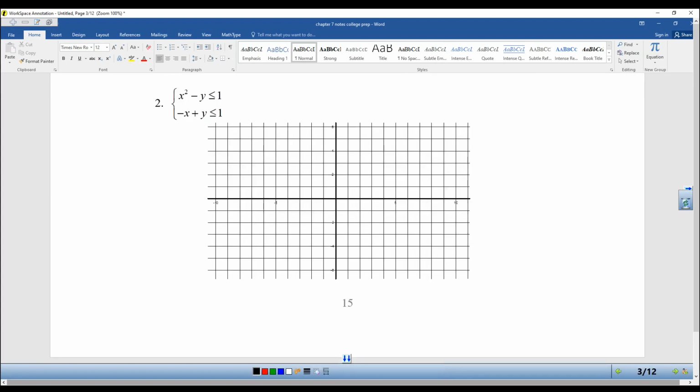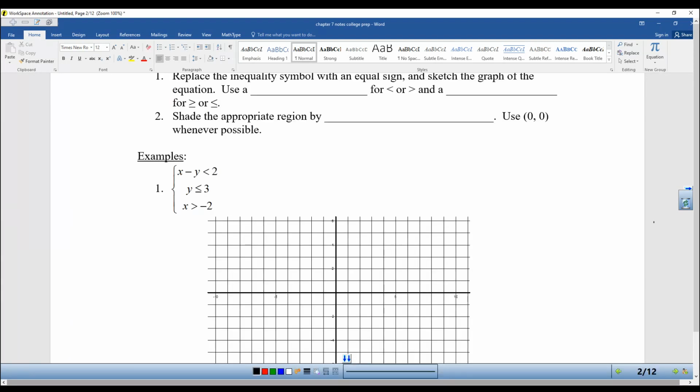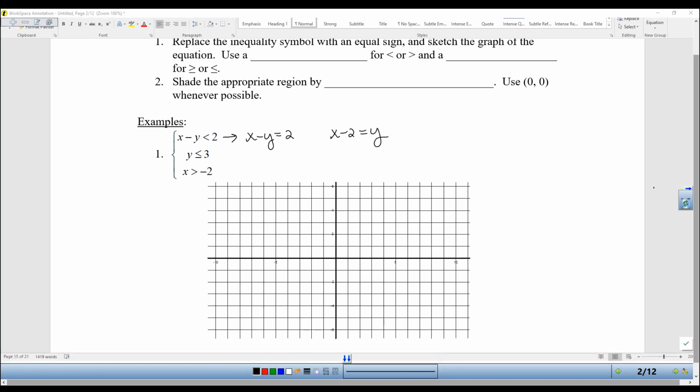So let's jump right in and do number 1. X minus y is less than 2. So do yourself a favor and just change this to x minus y is equal to 2, and you can worry about the inequality at the end. I would move the 2 to the left and the y to the right, and this is just a line.